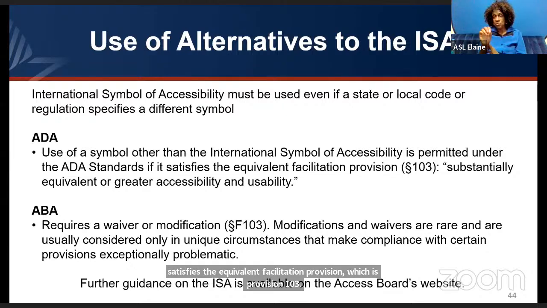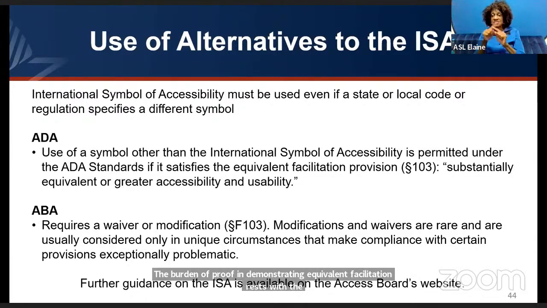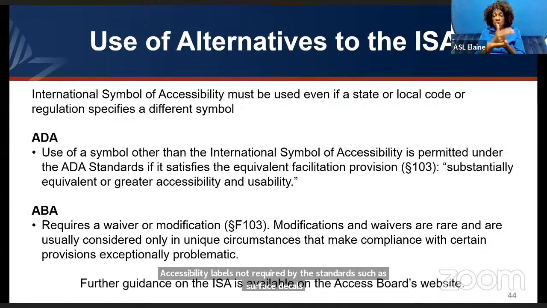This provision allows alternatives to prescribed requirements only if they result in, quote, substantially equivalent or greater accessibility and usability, unquote. The burden of proof in demonstrating equivalent facilitation rests with the covered entity in the event of a legal challenge. Accessibility labels not required by the standards, such as surface decals at parking spaces, are not required to comply or conform to the ISA.